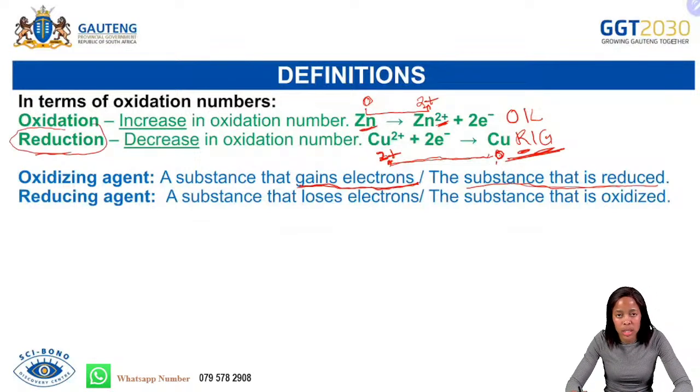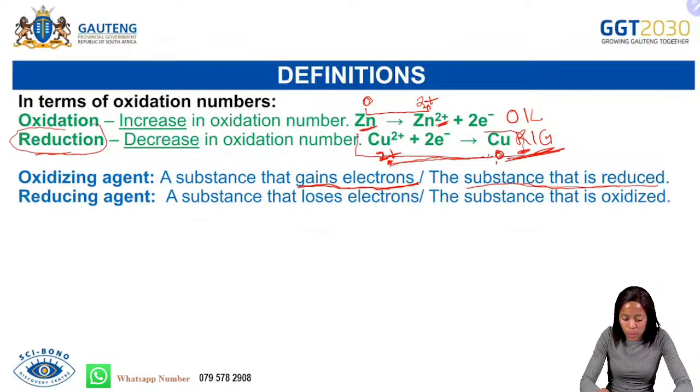So what does it mean? It means that when you want to identify the oxidizing agent, you are going to get it from your reduction half reaction. And the thing about agents is that agents are going to be on the left-hand side of the reaction. Okay.